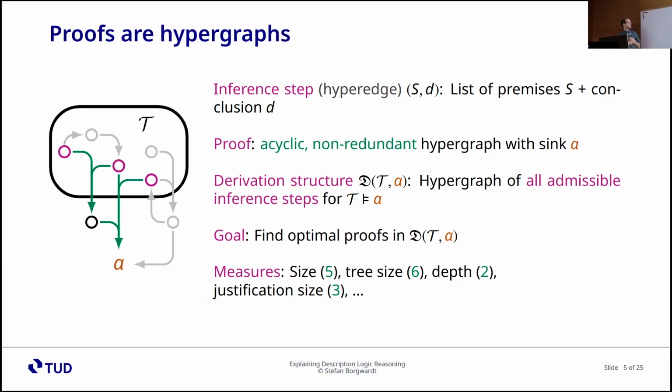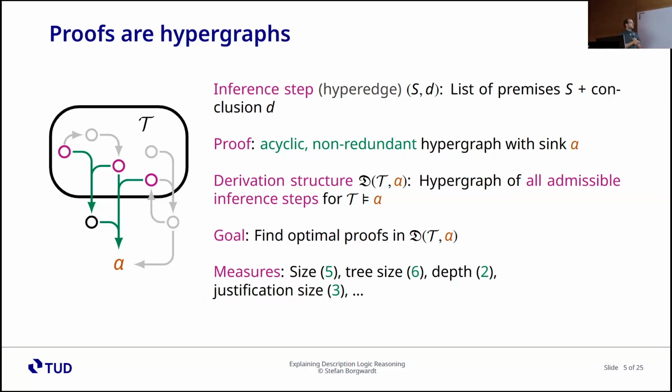And this is the job here of the so-called derivation structure, which collects all the admissible inference steps. Now, what are admissible inference steps? That depends on your logic, that depends on your reasoner. You could, for example, get these from a consequence-based calculus where you have a fixed set of rules that specify what are the admissible steps.